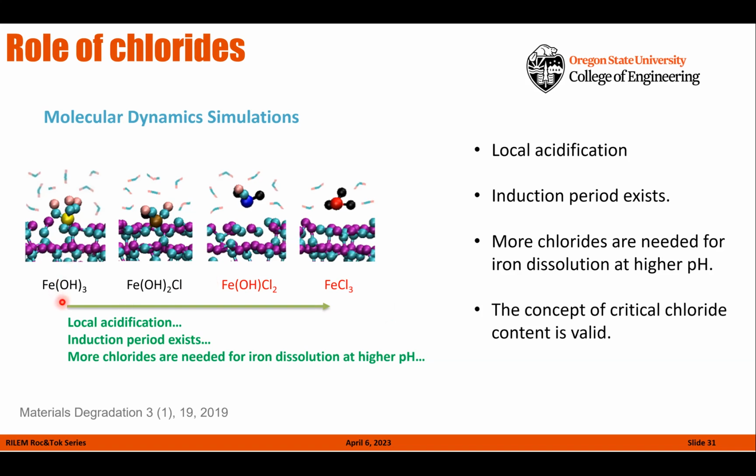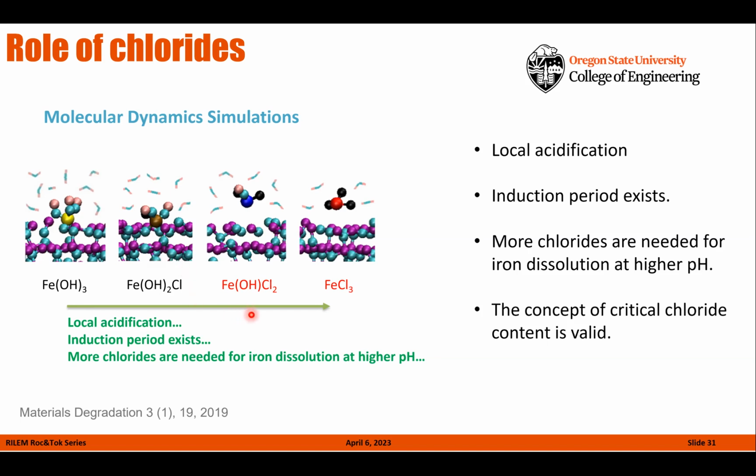So the process requires, first of all, some local acidification. The OH pairs attach themselves to some of the iron atoms. Thermodynamically, this is a stable, favored process, and they try to pull those iron atoms from the oxide, but that bond is not strong enough to dissociate the iron atoms.